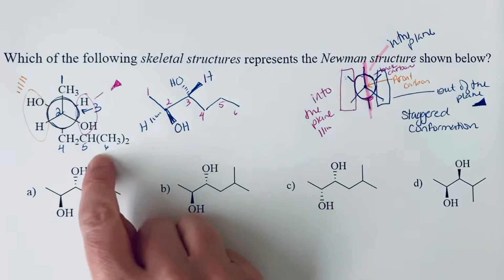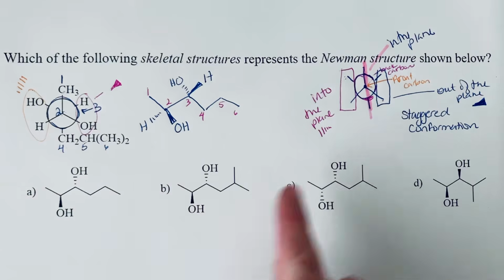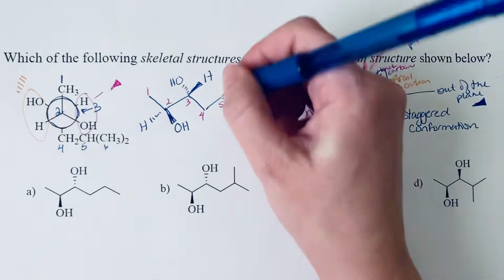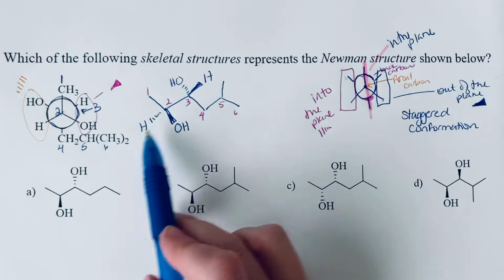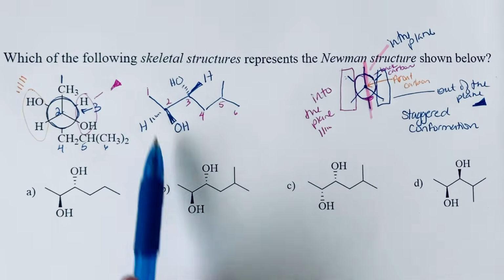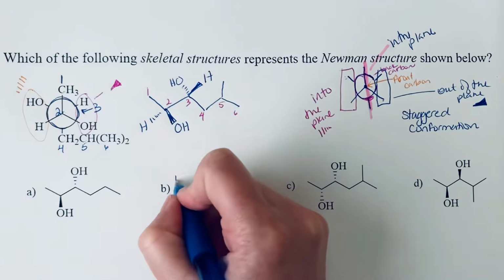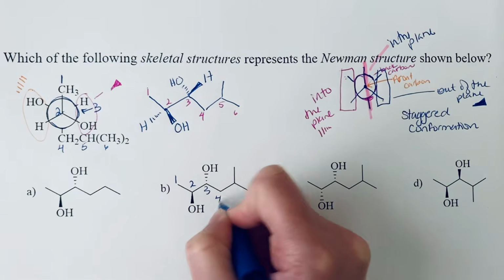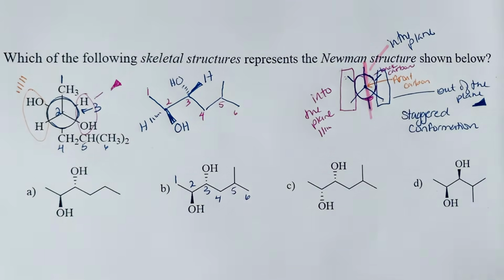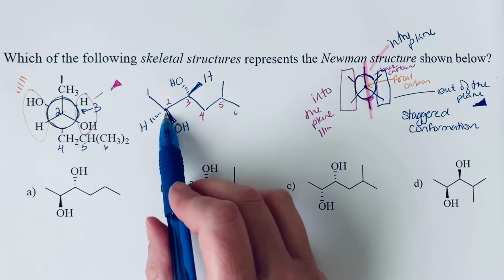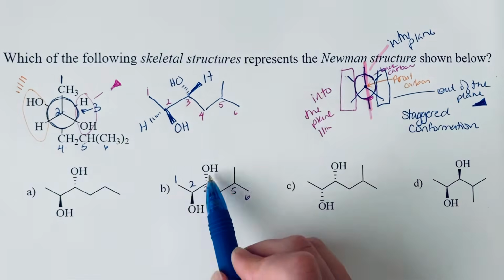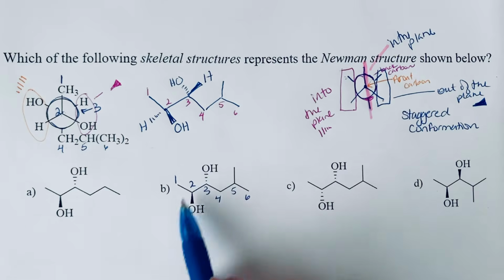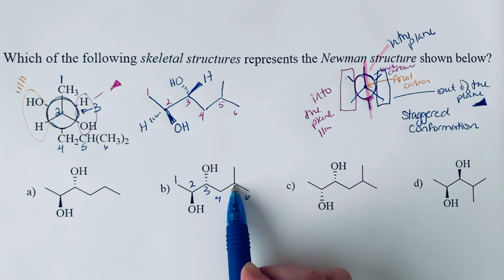And remember, we only counted one of these methyl groups as 6, so we still need another methyl group sticking off of carbon 5, and there it is. If we just ignore those implied hydrogens, we can see the 6 carbon atom chain. We can see on carbon 2 that we have the alcohol sticking out at us on a solid wedge. On carbon 3, it's pointed away from us on a dash bond, and then we still have the methyl group on carbon 5.